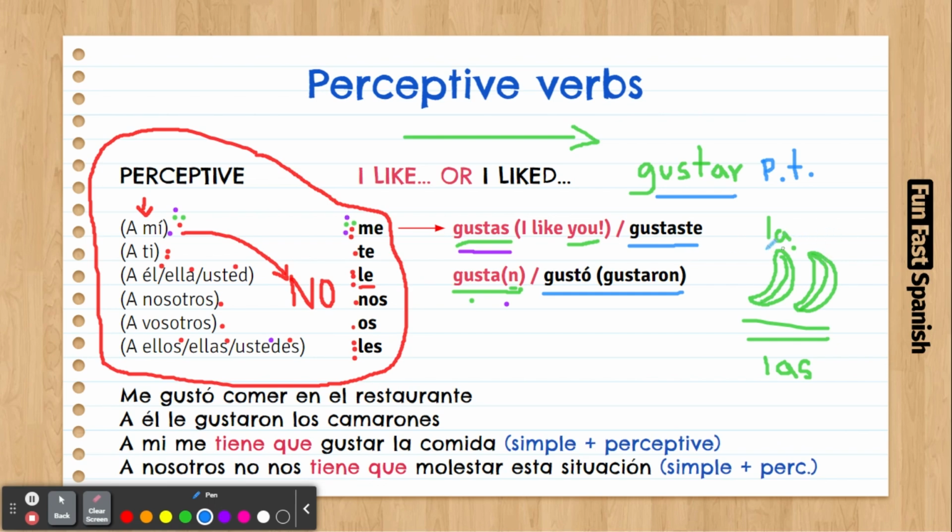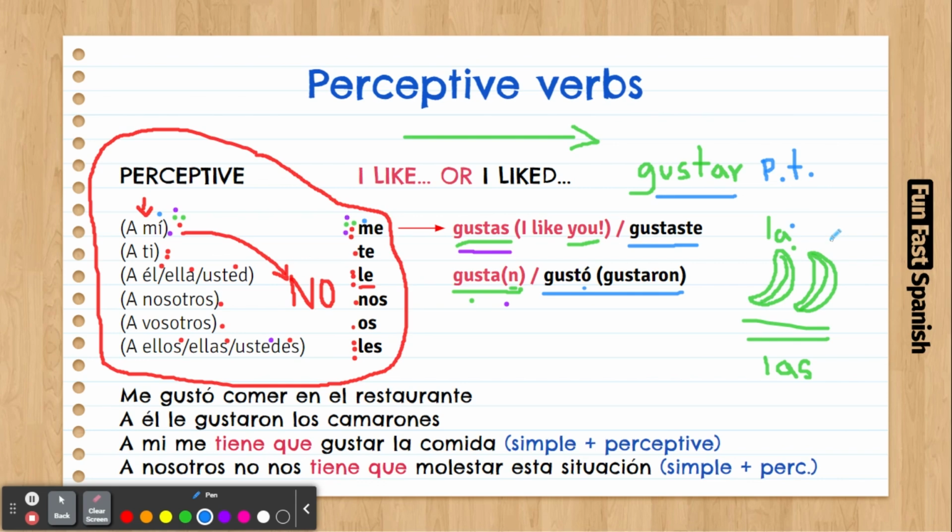So let's start with I liked the banana. Let's say I ate a banana and I liked it. In past tense that would be a mí me gustó la banana. That would be it. A mí me gustó la banana.